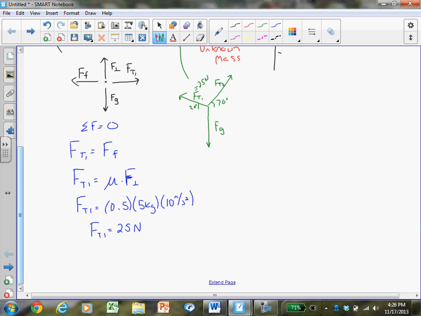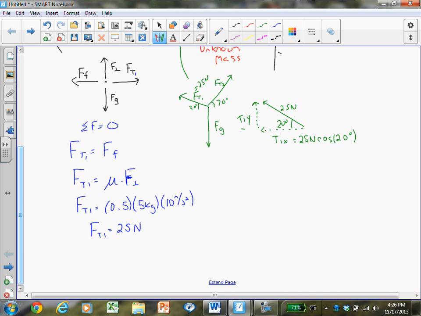So right off the bat, we're going to take that Ft1 over there, where we know it's 25 newtons and 20 degrees, and I'm going to simplify the notation a bit and find T1x and T1y, the components of that. That would be 25 newtons times the cosine of 20 degrees, standard, right?